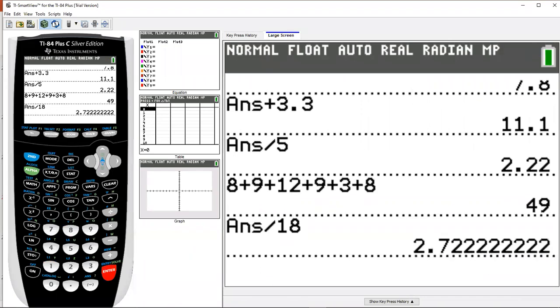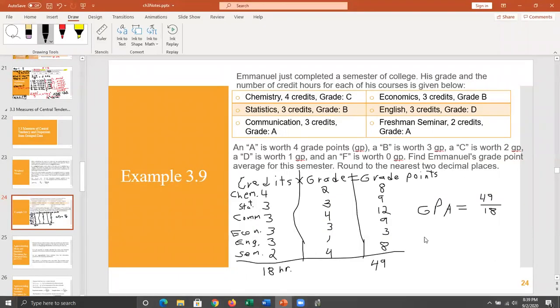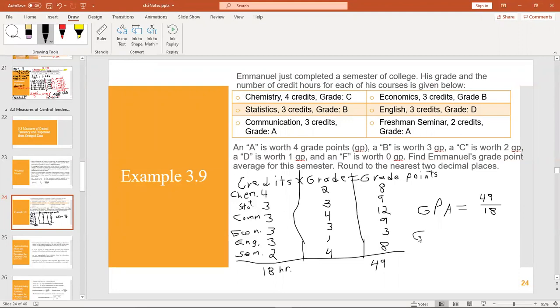That is 2.72 for the GPA. And so because a B is worth 3, that would probably be sort of roughly in the ballpark of like a C plus ish GPA.